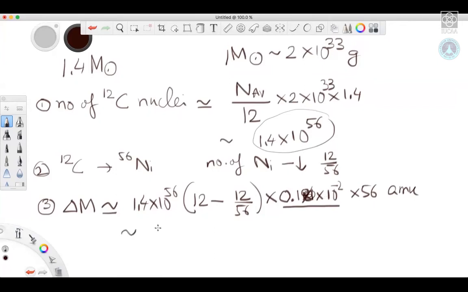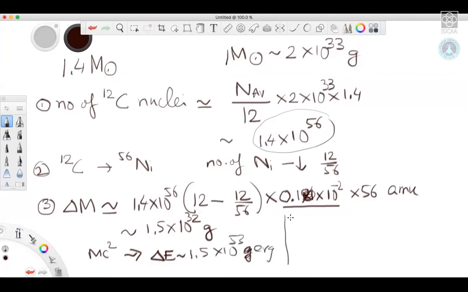If you work it out, as I did a few minutes ago, that gives you this many grams, and then mc squared gives the total energy, 1.5 times 10 to the power 53 ergs.